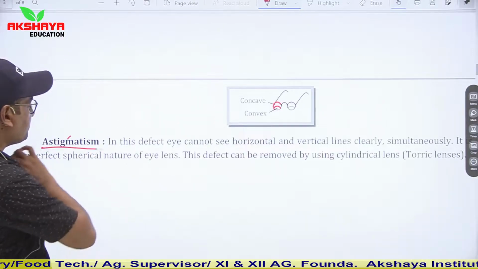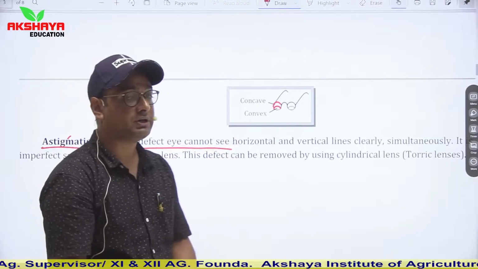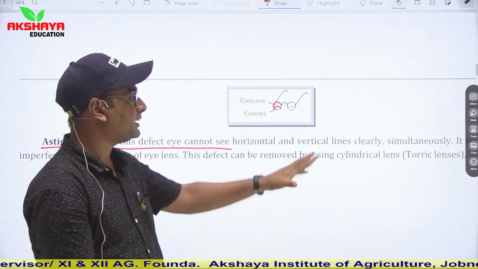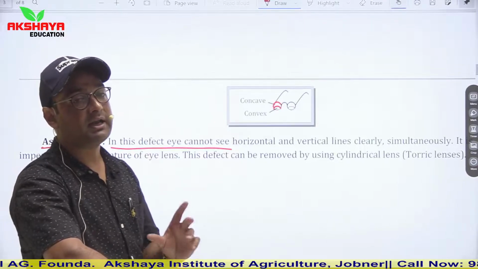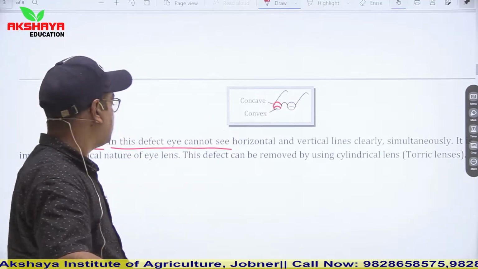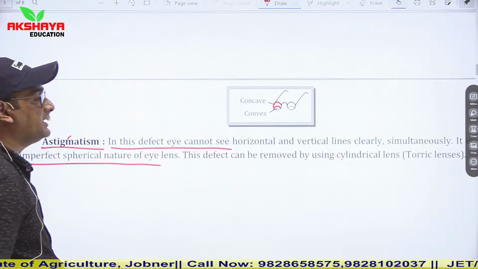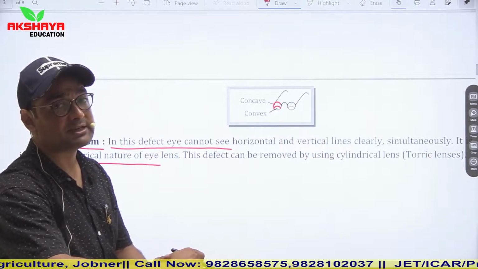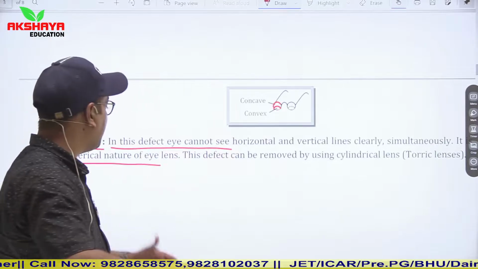Then astigmatism. In this eye defect, horizontal and vertical lines are not clearly visible at the same time. It means vertical and horizontal lines cannot be seen simultaneously. It is due to the imperfect spherical nature of the eye lens, due to the improper shape of the eye lens.